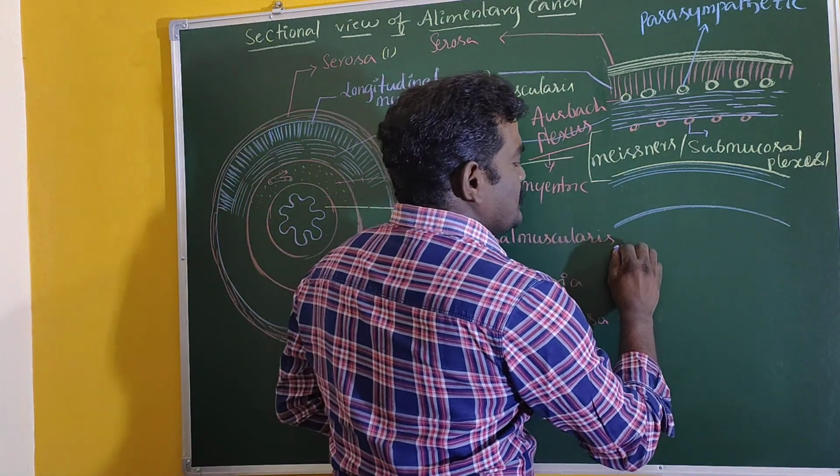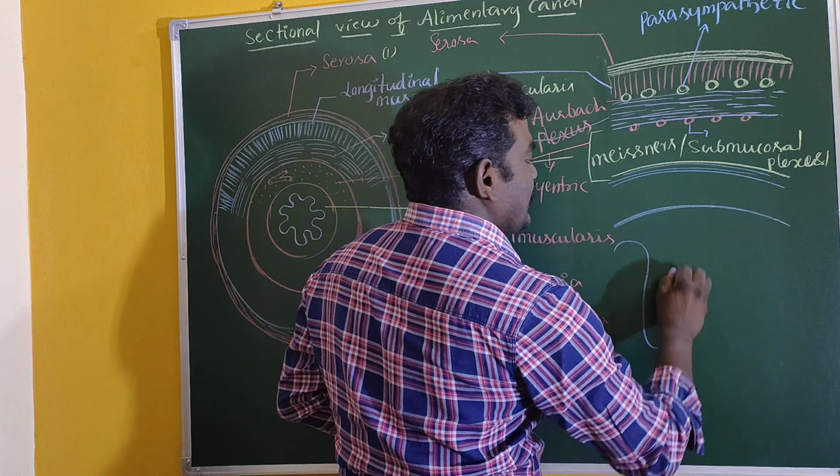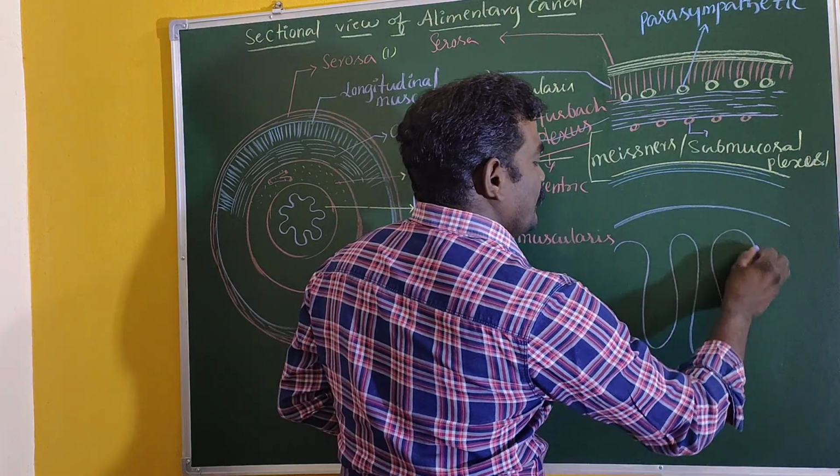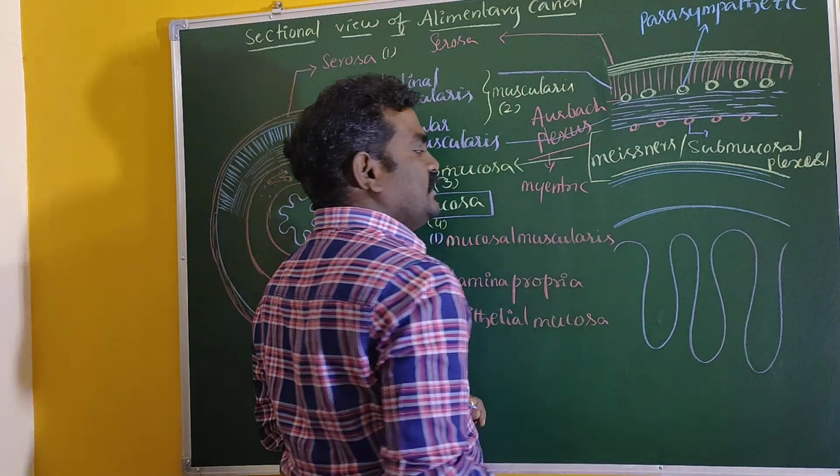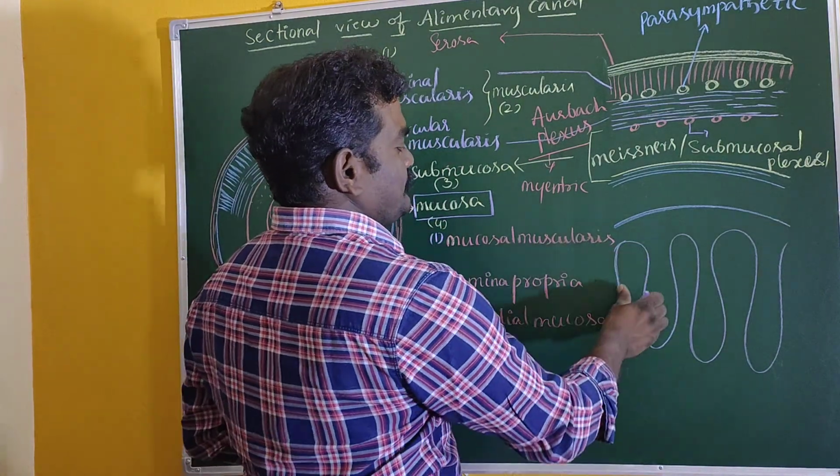This epithelial mucosa develops villi-like structures in different regions of the gut.